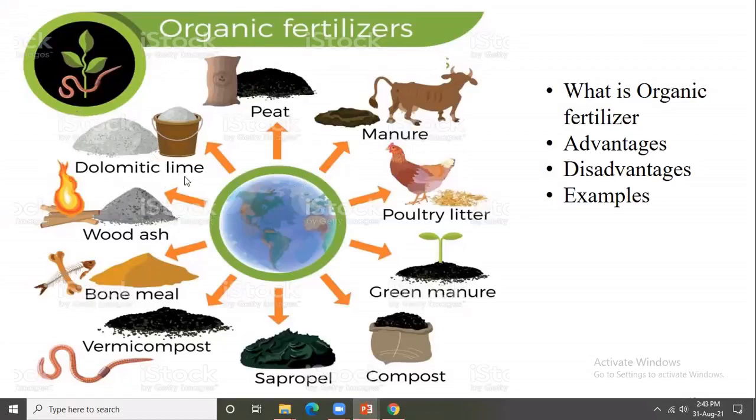And dolomite lime, which comes from some rock. We make a pit under the ground and it comes like that. It is also used as a boarding material for burning. Most of these are normally available, no? Then you can prepare organic fertilizer too. Okay.